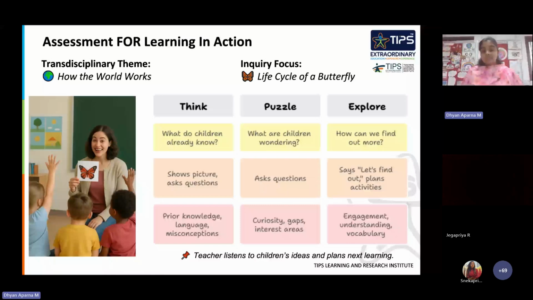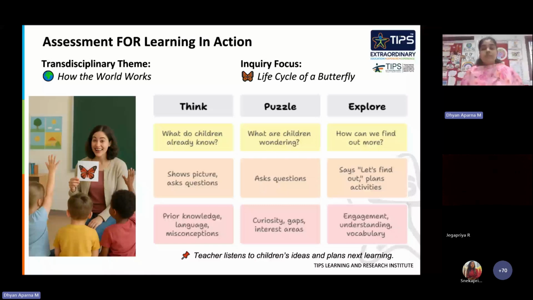Here, we asked a simple question: what do you wonder? Where do you think the butterfly comes from? This is where their curiosity came alive. We got responses like from its mother, from an egg, from nature. So these responses helped us to think about what they were wondering about, what they were trying to make sense of, and what they really wanted to know.